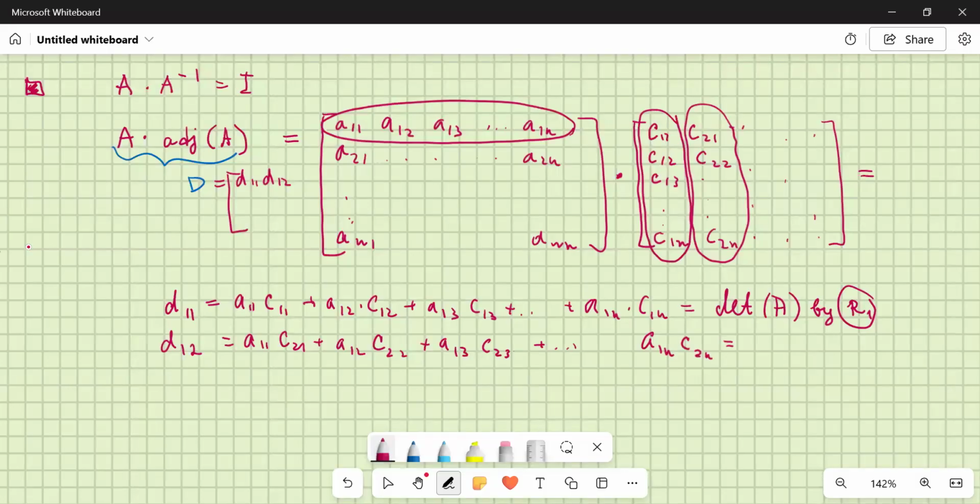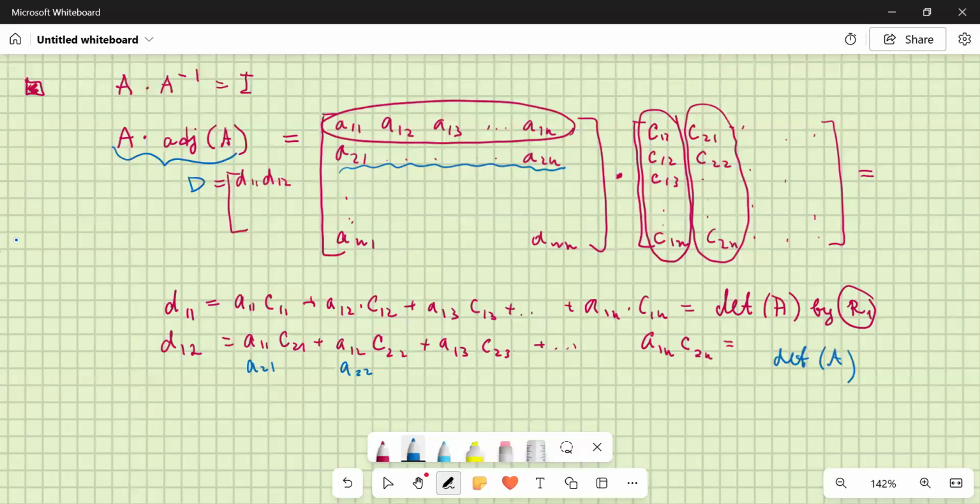Well, guys, you have already seen this trick before. We have cofactors of the second row, C21, C22, but we multiply them by the first row instead of the second row. If we had element a21 here, and a22 here, it would give us the determinant of A by the second row, right?